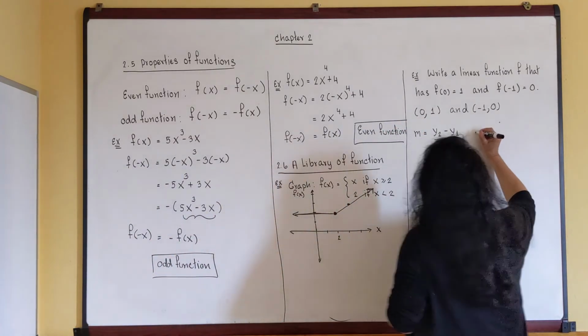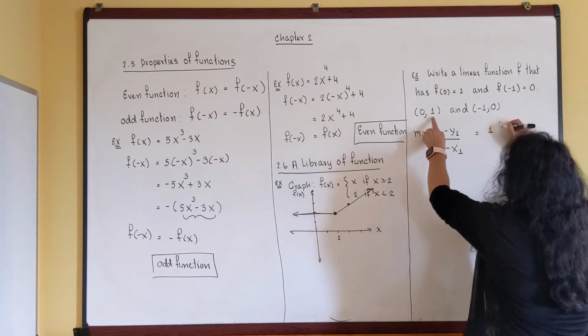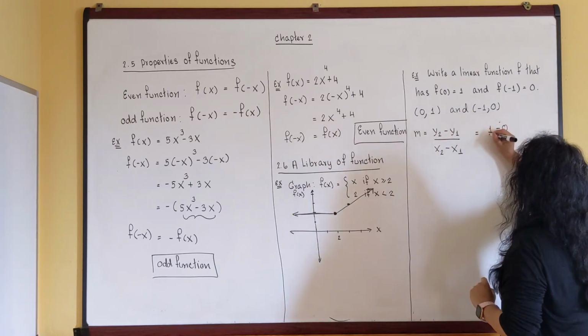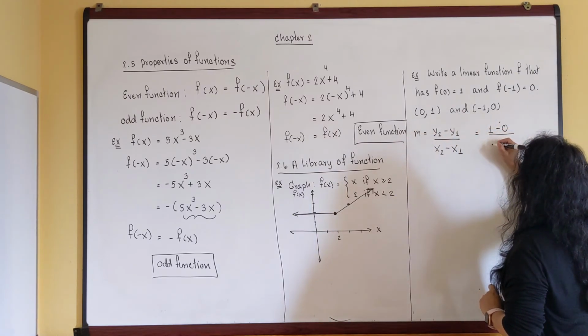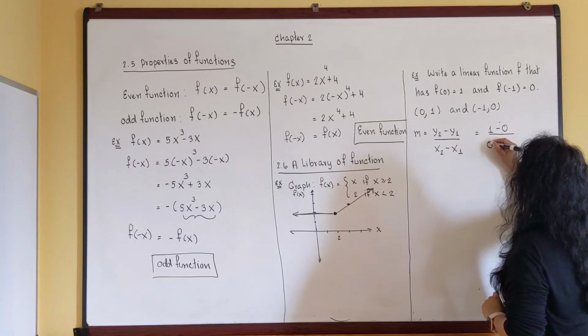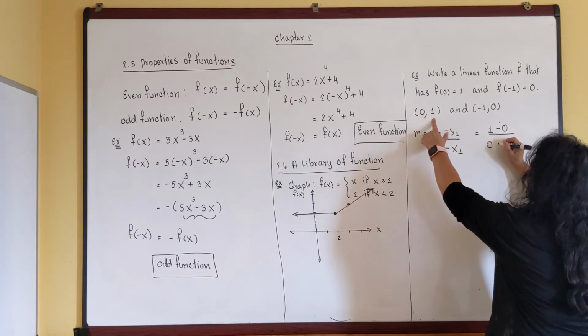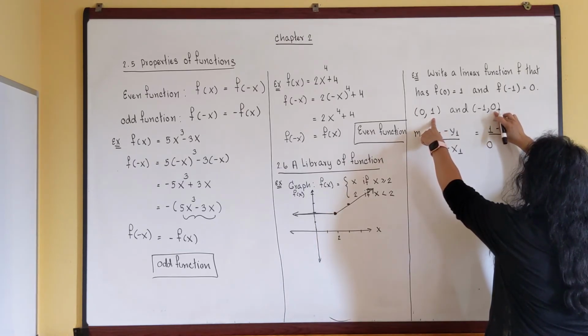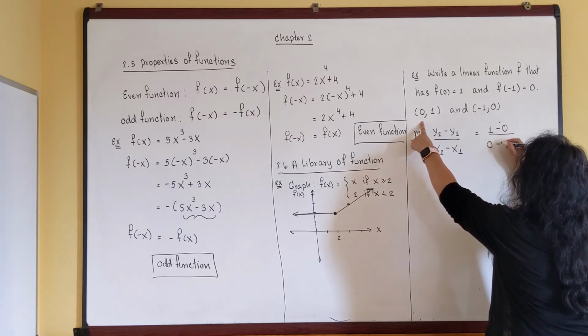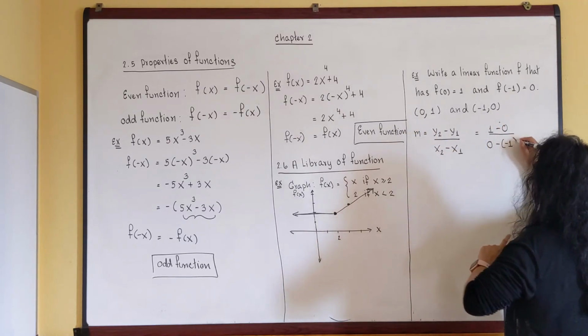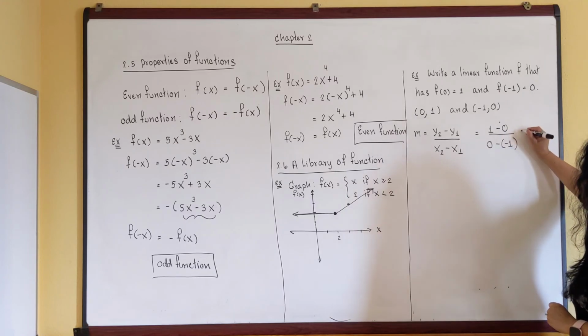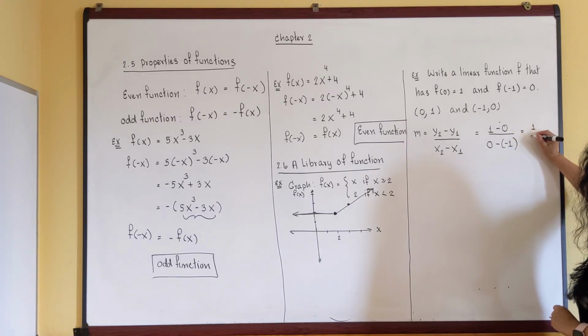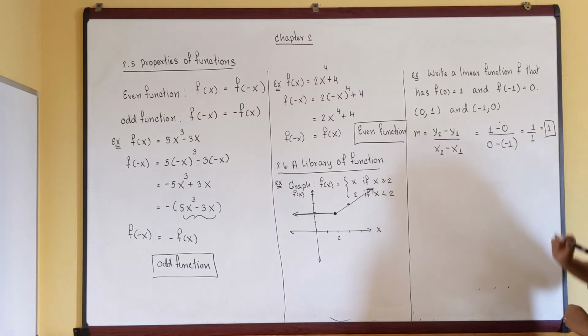So I'm going to have 1 minus 0 over x2, which is 0, minus x1, which is negative 1. Then I'm going to have 1 over 1, which is 1. So my slope is 1.